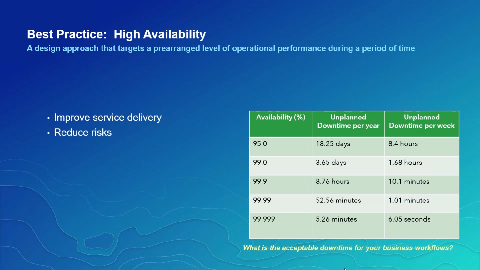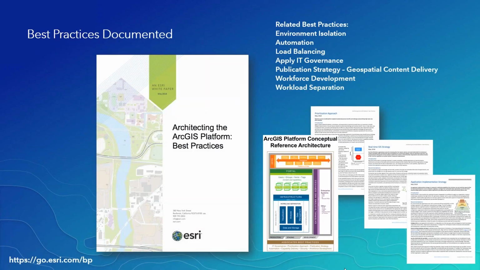Right. Yeah, and just continuing off that, in order to achieve high availability, you have to consider a lot of things: hardware, software, governance, and so in this sense, availability, as we have here, is one of many best practices for architecting the ArcGIS platform.